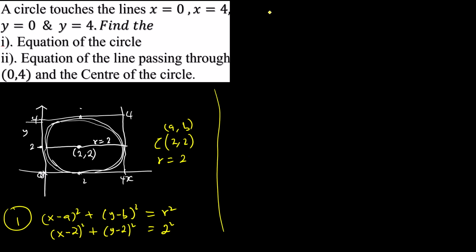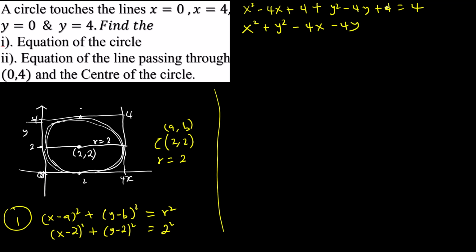So let's expand. We have x squared minus 4x plus 4, plus, then we expand this, y squared minus 4y plus 4 equals 4. We can arrange this as x squared plus y squared minus 4x minus 4y.